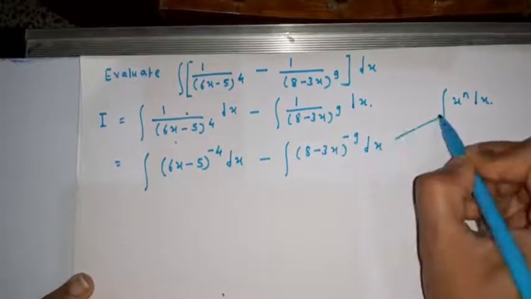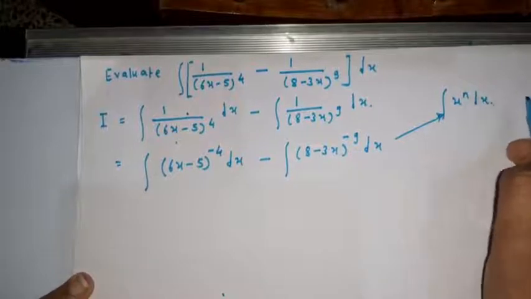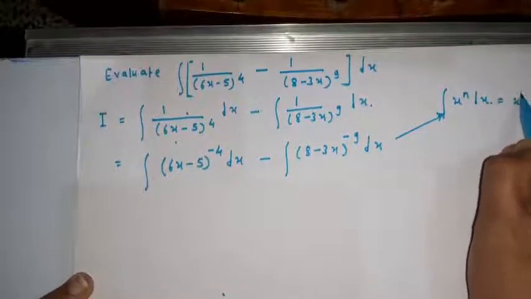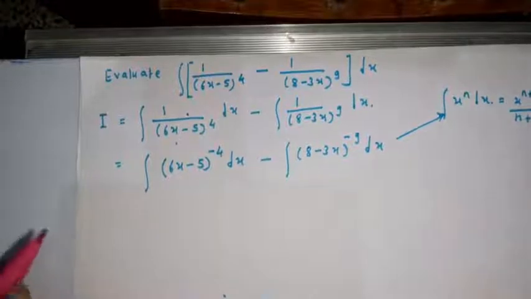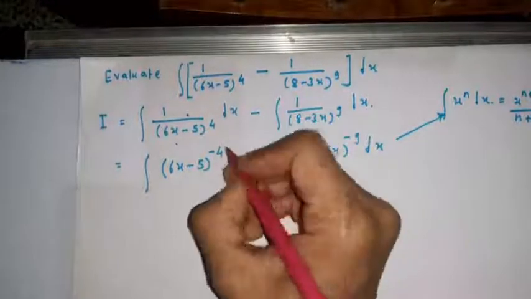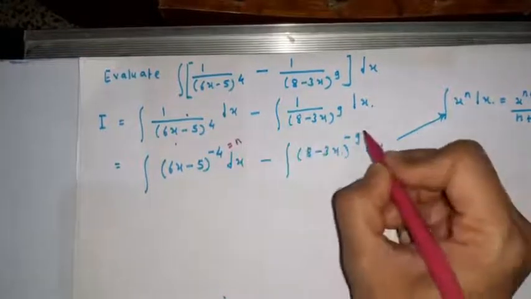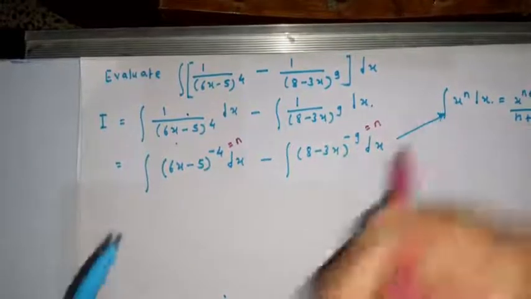Minus integration of (8 minus 3x) raised to minus 9 with respect to x. And now we can use the formula x raised to n plus 1 upon n plus 1. Okay, students, so here the value of n is minus 4 and the value of n is minus 9.